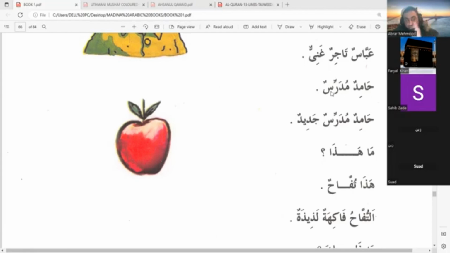Now let's go according to those 4 points. Point number 1: are both of them with alif lam or tanween? With tanween. Point number 2: are they masculine or feminine? Masculine. Good, because Hamidun is masculine, so Mudarrisun is masculine.